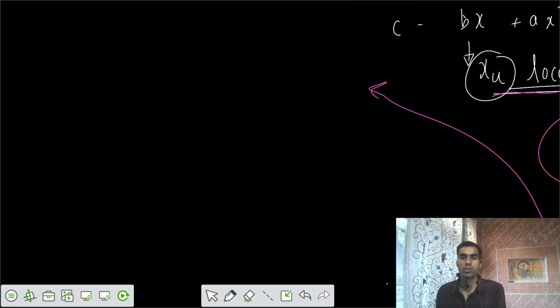So once you got the location of XU, then we can proceed with C equals T to get the area of the steel, because we are designing the section, so we have to get the area of the steel.